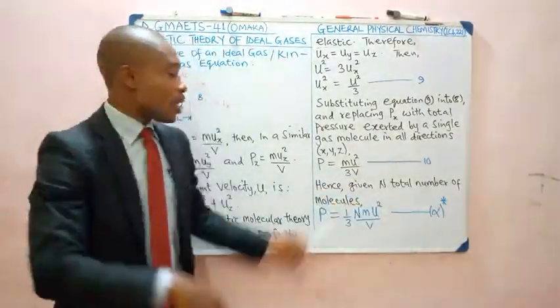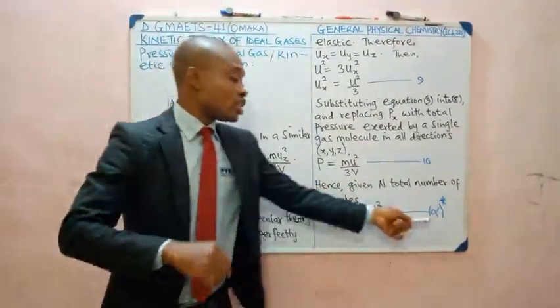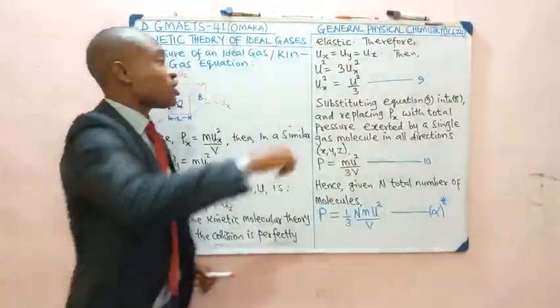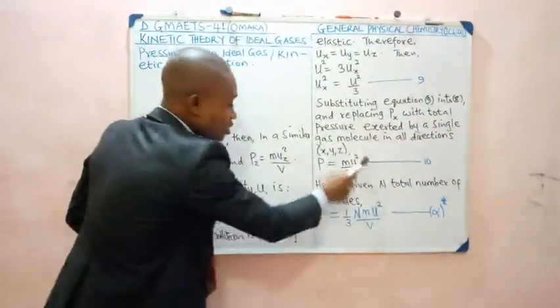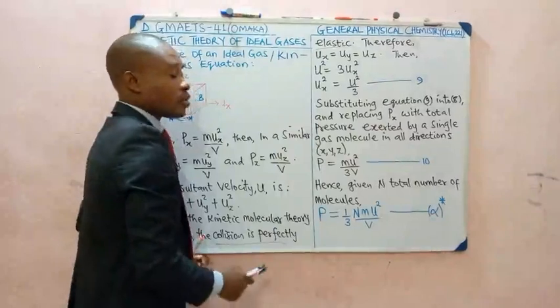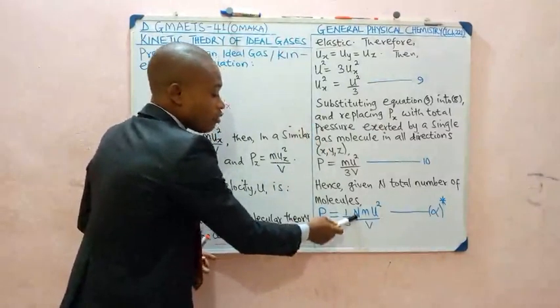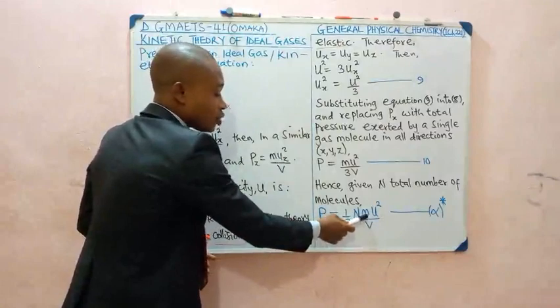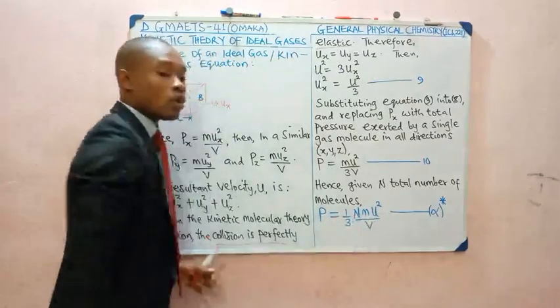And if we multiply this equation 10 by capital letter N, we'll get this equation which I chose to call equation alpha star, because that's the equation we'll be looking for. That's going to be all these 10 times N, which can still be written as 1 over 3, total number of molecules times mass of one molecule times square of the resultant velocity divided by the volume of the box.